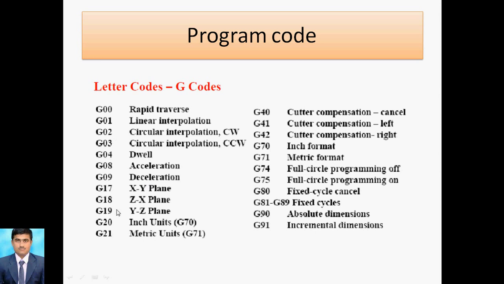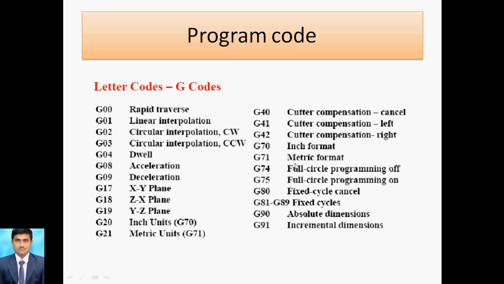So this is regarding the letter codes about the G code. The next for G code is G40, cutter compensation cancel, G41 cutter compensation left, G42 cutter compensation right, G70 inch format.